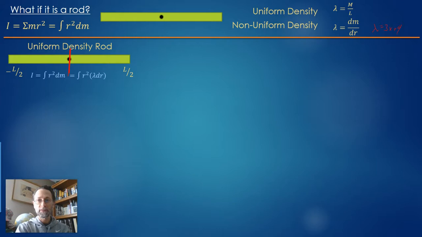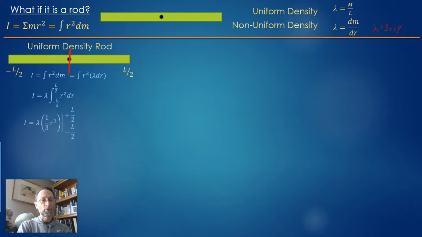So I'm going to solve this dm up here and say dm is lambda times dr and plug it in over here. Then, because it's a uniform density rod, can't I pull the lambda out of the integral? And then I'm going to integrate from negative L over 2 to L over 2.